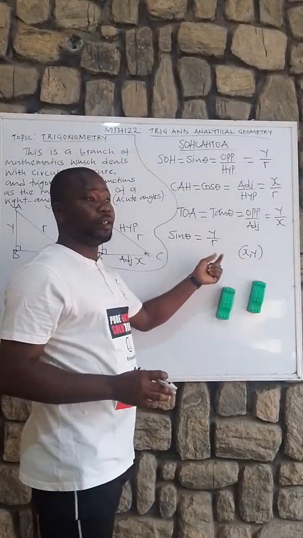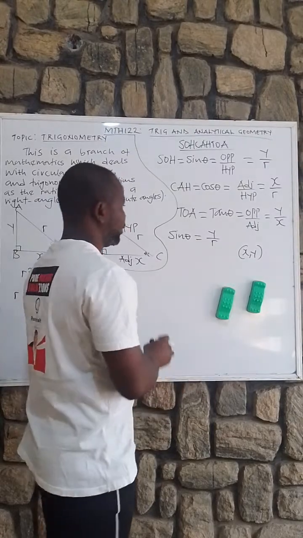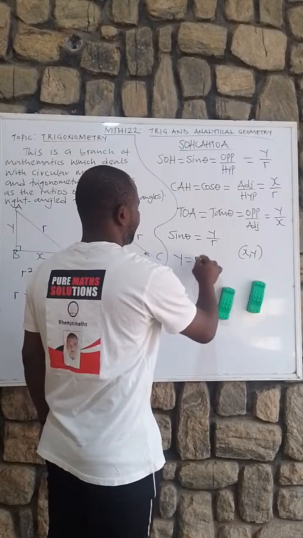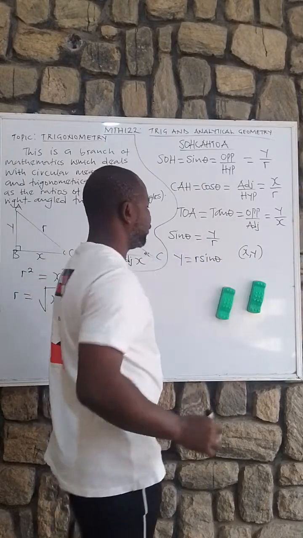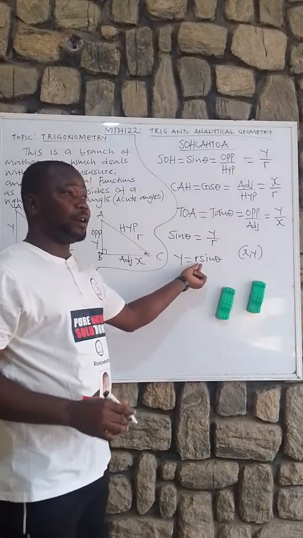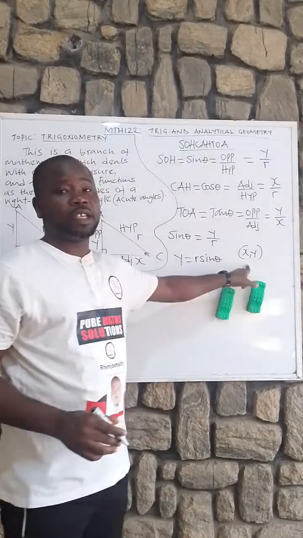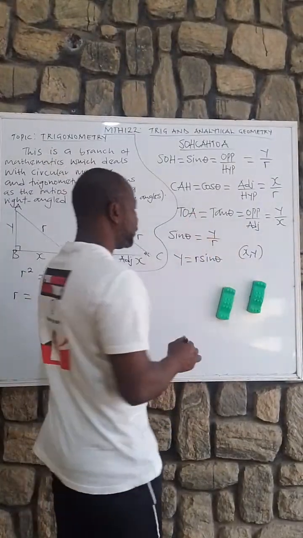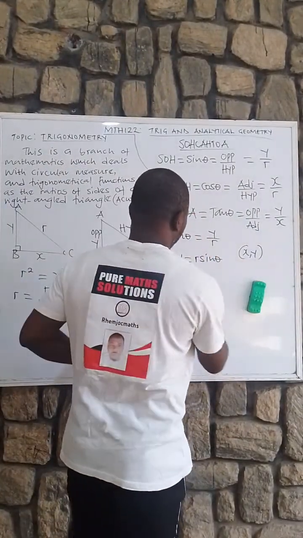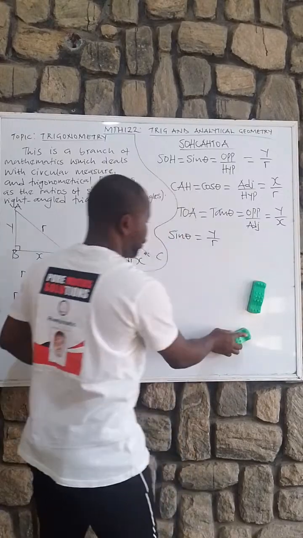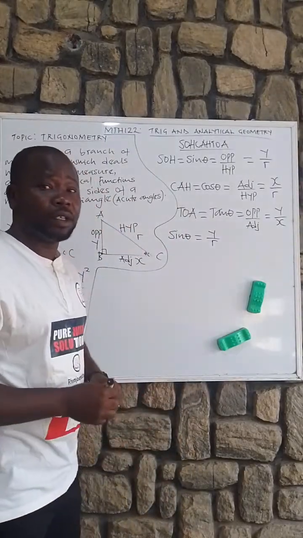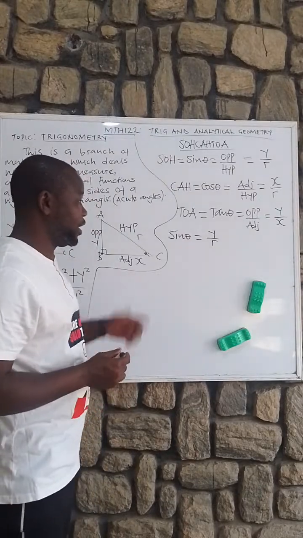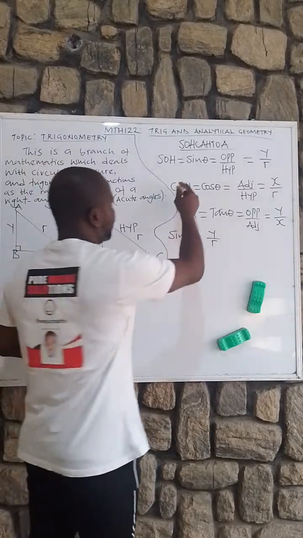If you want to convert from polar to Cartesian coordinate, by the time you cross multiply, your y will now be r sine theta. True or false? Then if r is given, you just substitute, you get your y. Anyway, we are not talking about that. I'm just trying to recall and remind you of something we have done last one week or 2 weeks thereabouts.